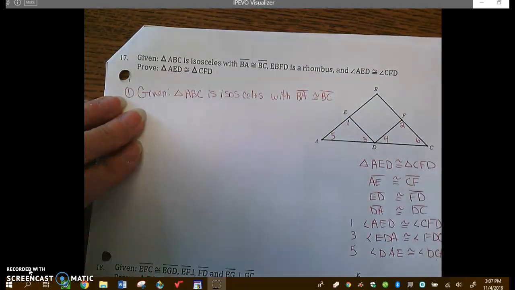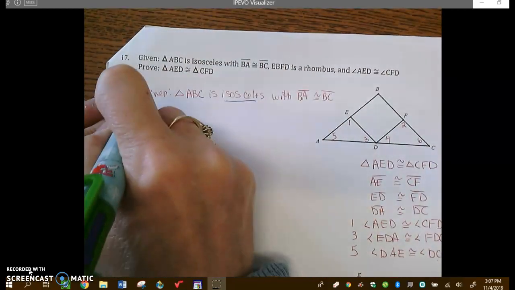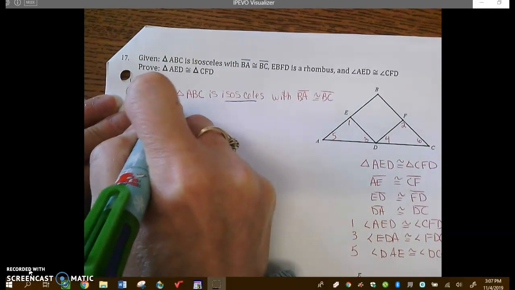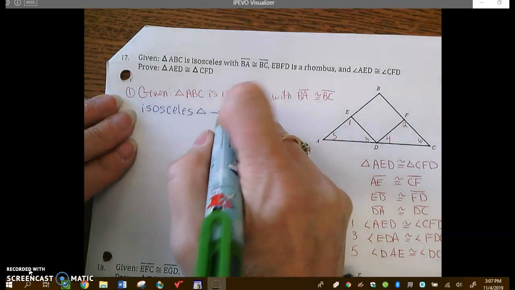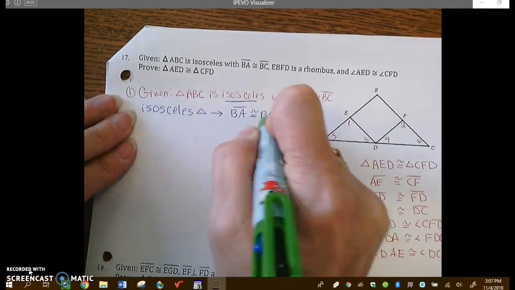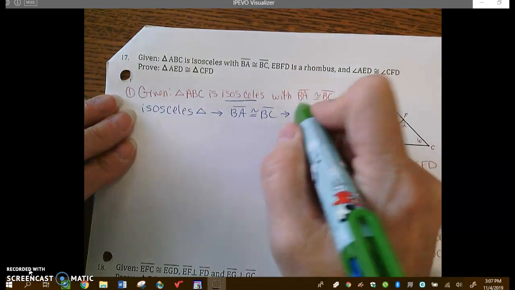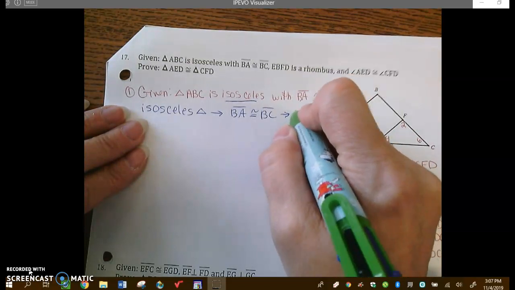So right here is my vocabulary word, isosceles. So I'm going to start with isosceles triangle. That tells me if I have 2 congruent sides, there also has to be 2 congruent angles.